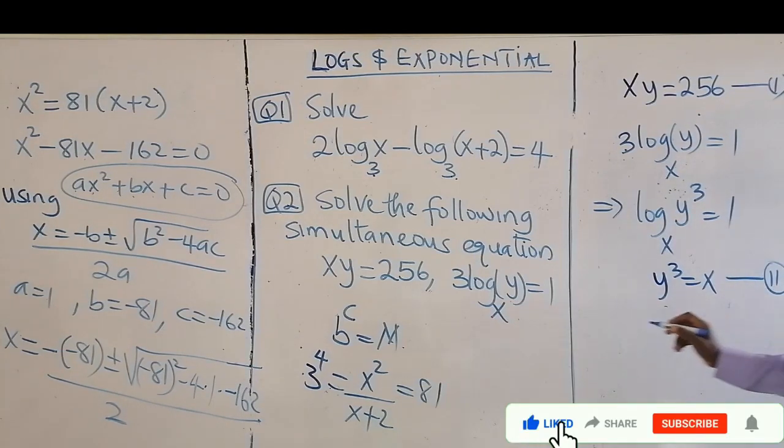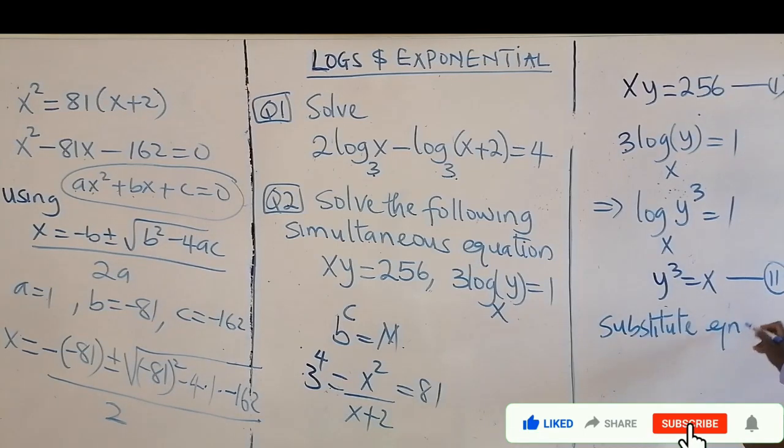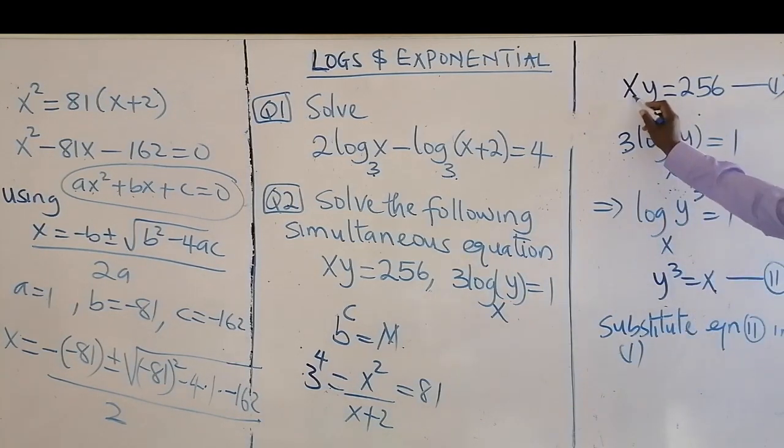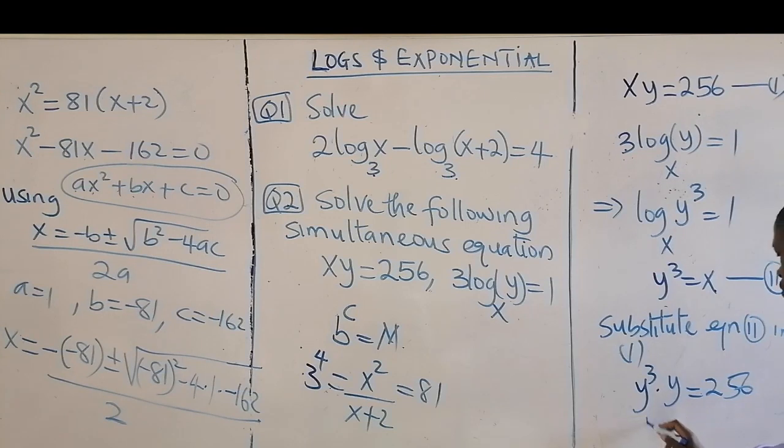And the next thing to do is to substitute equation 2 into 1. So x is y cubed, times this, equal to 256. And this is y squared, y to the power 4, apply your indices.